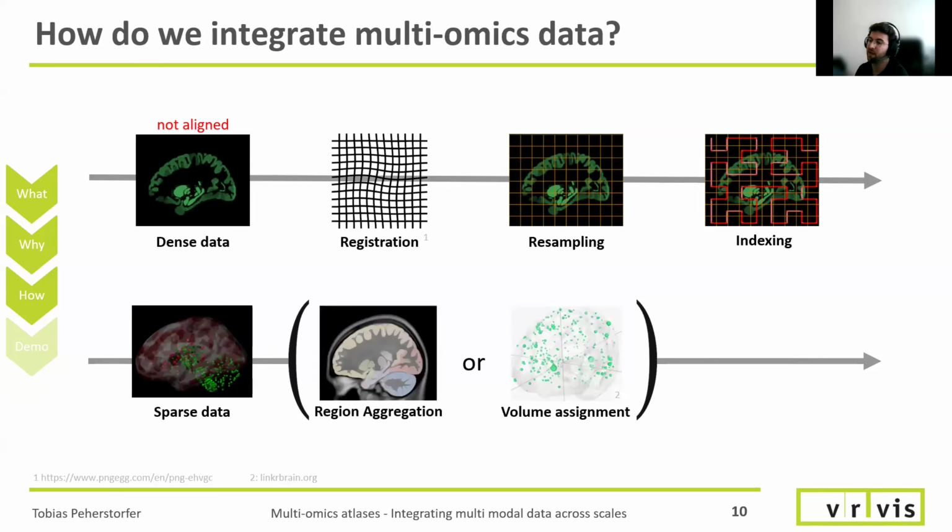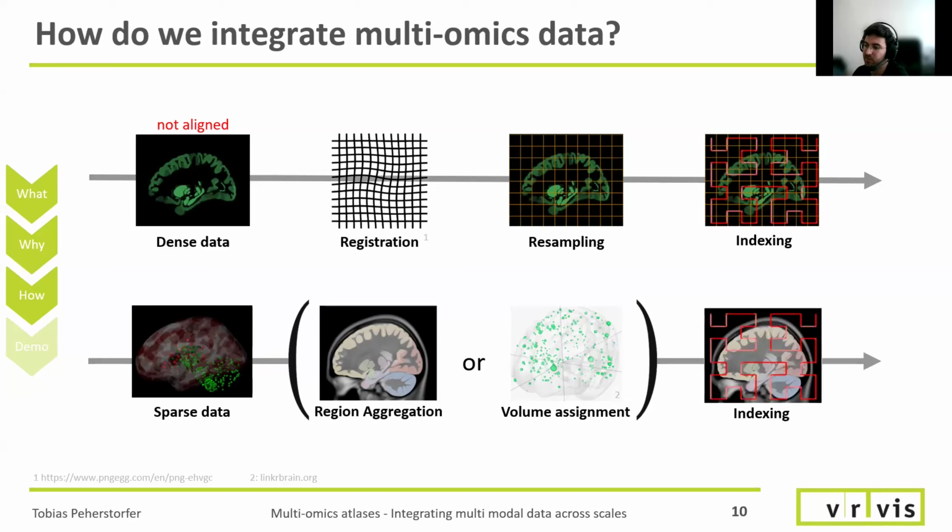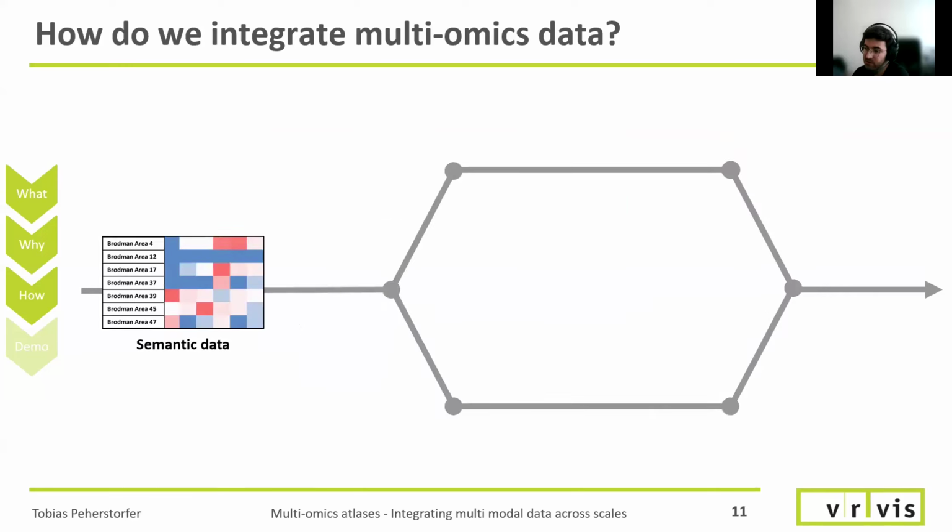So you can either aggregate your sparse data in parcellation regions, or you can just splat the data in 3D and assign volumes around these data points with the values you have from the sparse data. Both of these methods turn this data into dense data. Then you can proceed as normal as you would with dense data for integrating and finally also get to the indexing step.